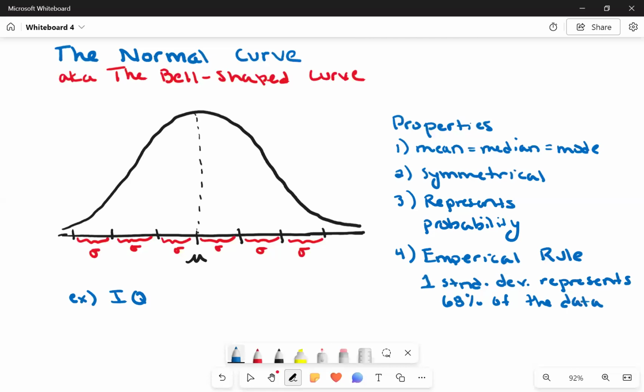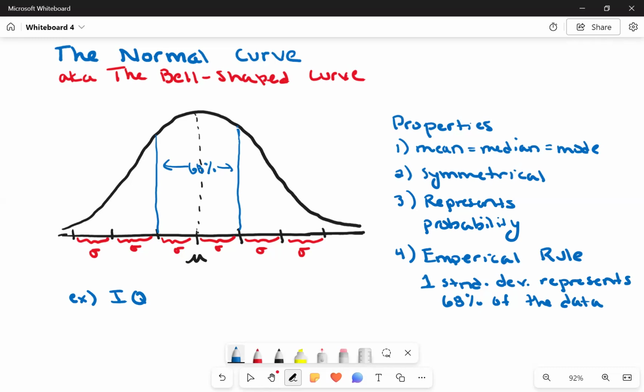It is approximate. What that means is if I come over here to my normal curve, if I'm looking from here to here, this is about 68% of the data. More than half of the data, about 2/3 of the data, is within one standard deviation of the mean when you have data that looks like the normal curve.